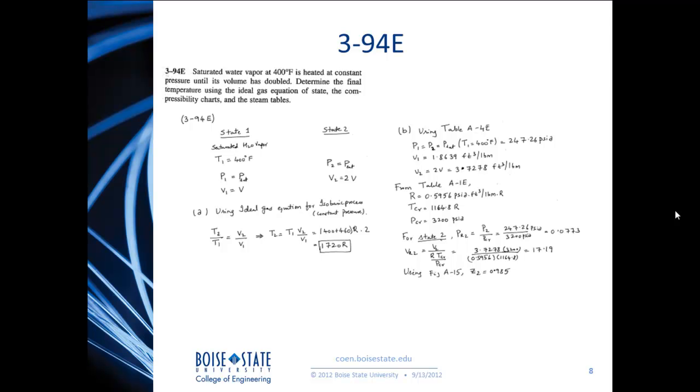And similarly, we can find the specific volume at that combination of pressure and temperature, and then at state 2 it is twice of this value. And then from table A1E we can determine the gas constant, the T critical and P critical. So for state 2, PR2, which is the reduced pressure, will be P2 over P critical, and the pseudo reduced specific volume would be as shown.